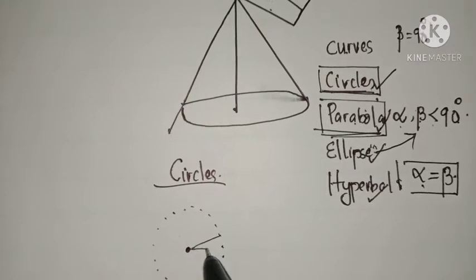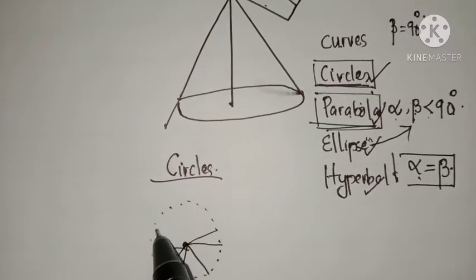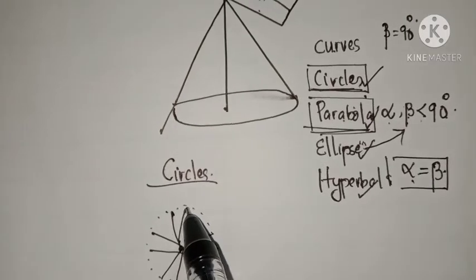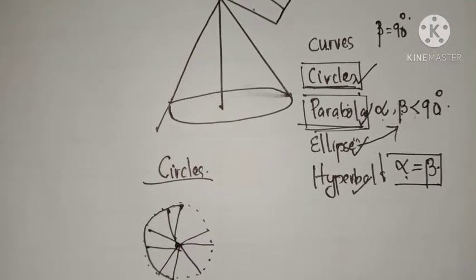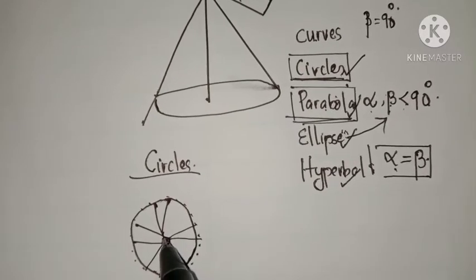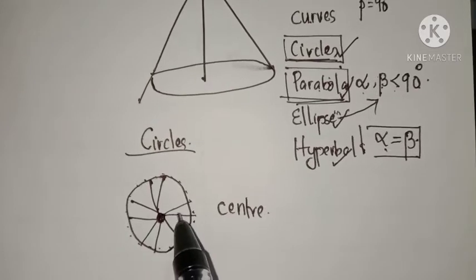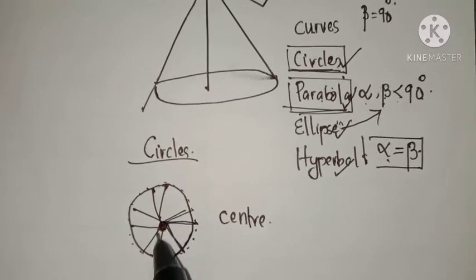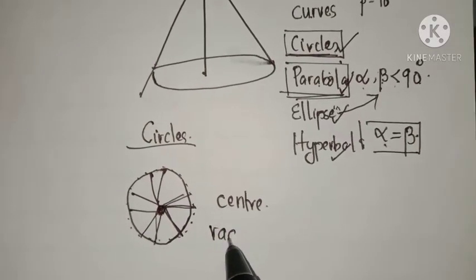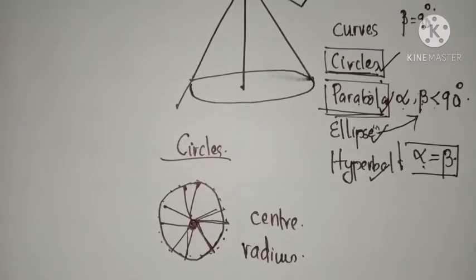The set of all points determines the boundary of the circle, the fixed point is called the center of the circle, and this fixed, equal length is known as the radius of the circle.